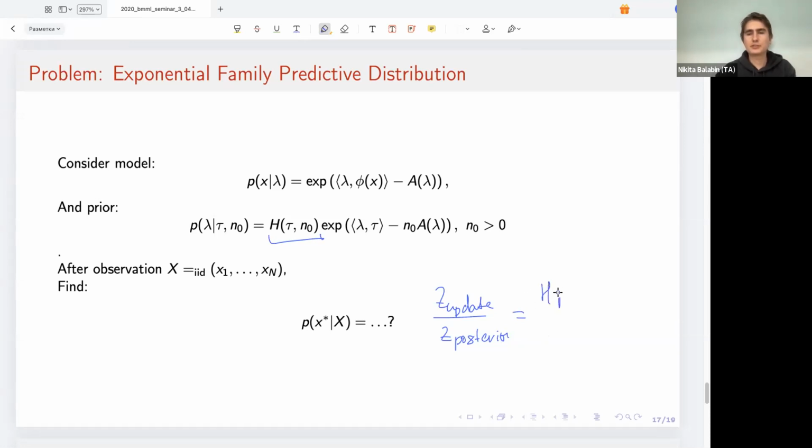So here we have h posterior divided by h updated. It is just a note for you. So please try to prove it. And don't forget that we already showed that the posterior is just a conjugate distribution with updated parameters. You can just denote it with some primes.